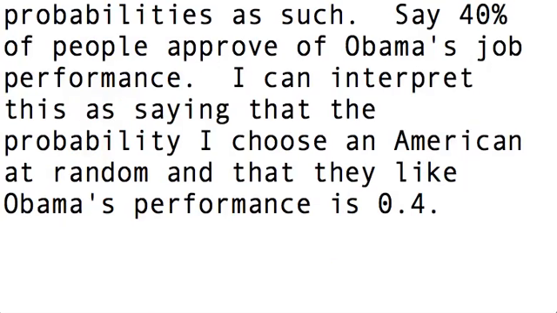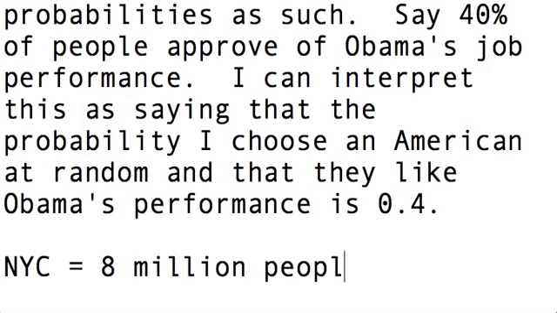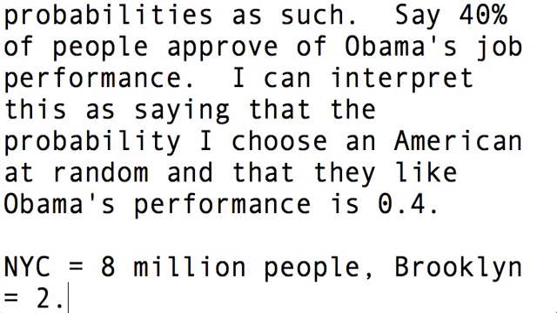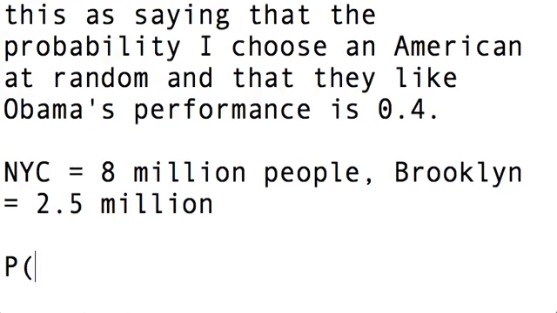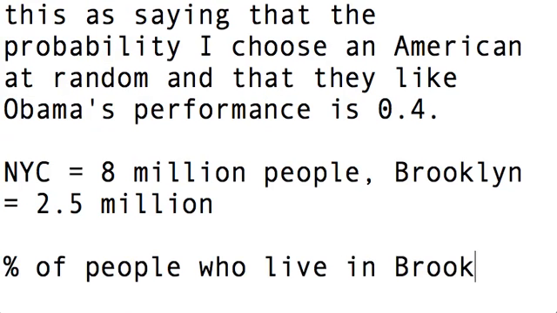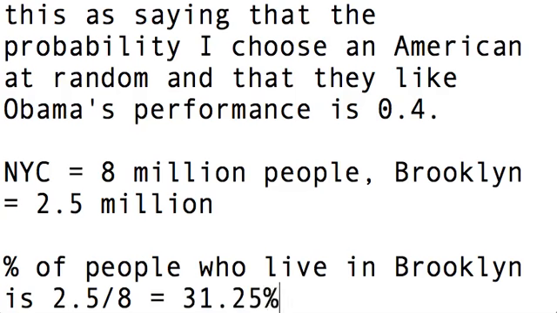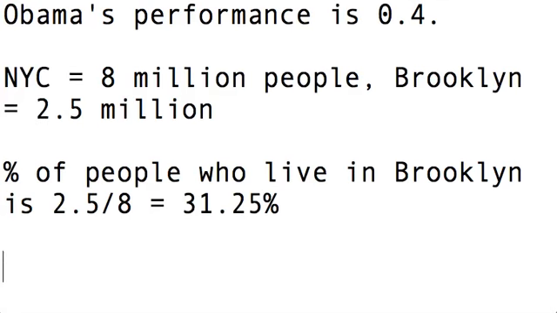As an example, New York City has about 8 million people in it, and Brooklyn has about, let's say, 2.5 million people. So the percent of people who live in Brooklyn is 2.5 million divided by 8 million, which is equal to 31.25%. So just under a third of New Yorkers live in Brooklyn.